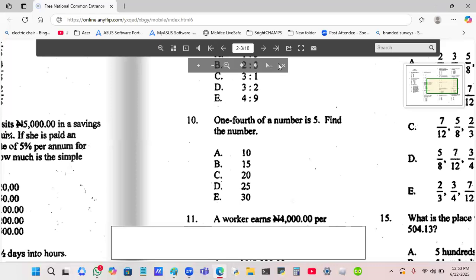So one fourth, what's next? One over 4 times n over 1.